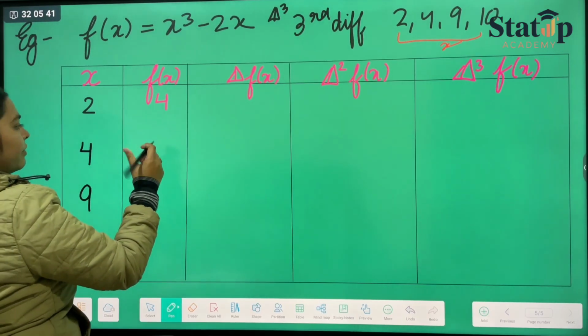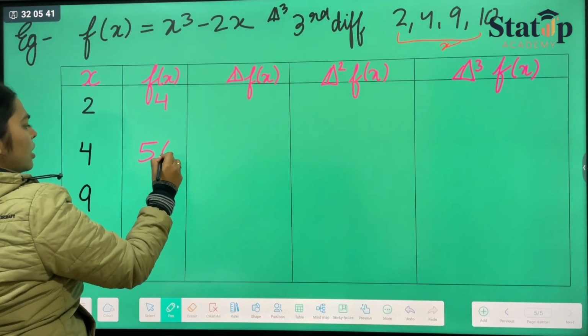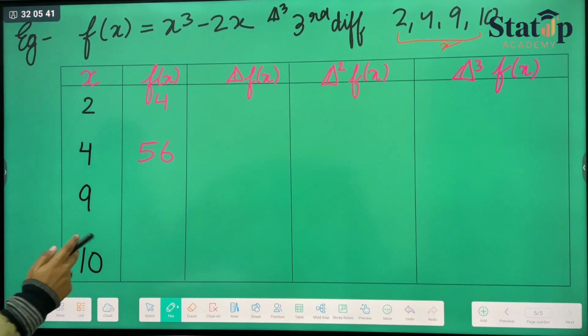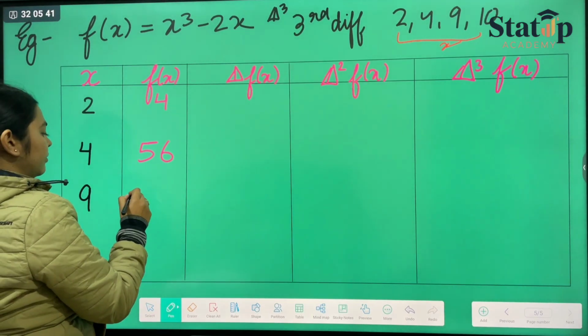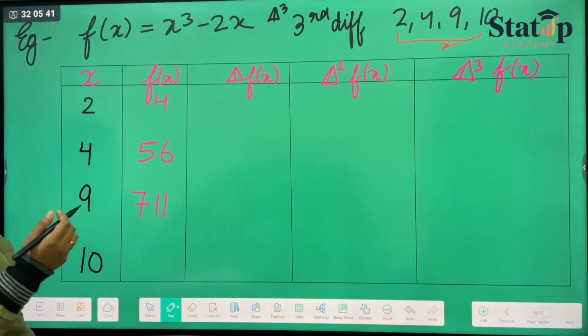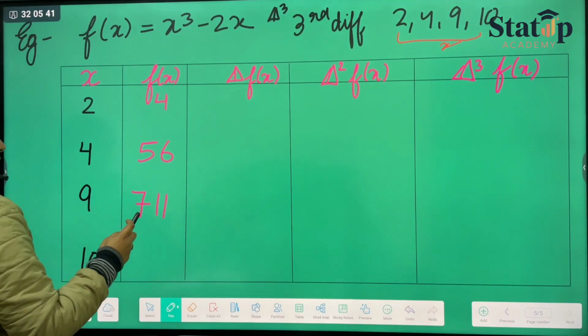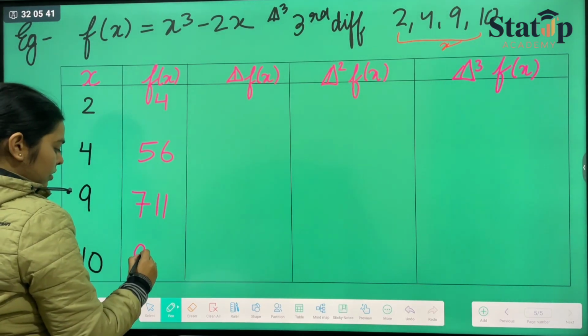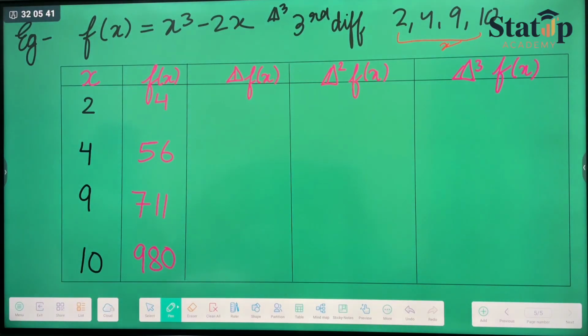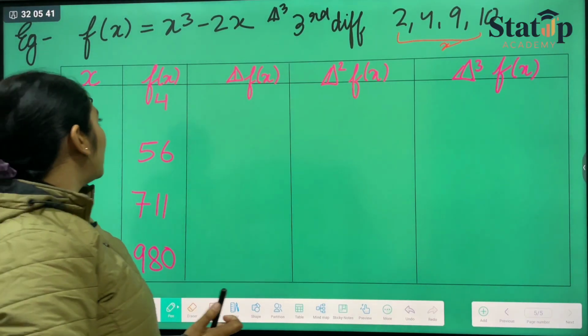We will write 56 here. 9 raised to the power 3 is 729, 729 minus 18 will be 711. 10 raised to the power 3 is 1000, minus 20 will be 980. You can recheck the values if you have any doubt.